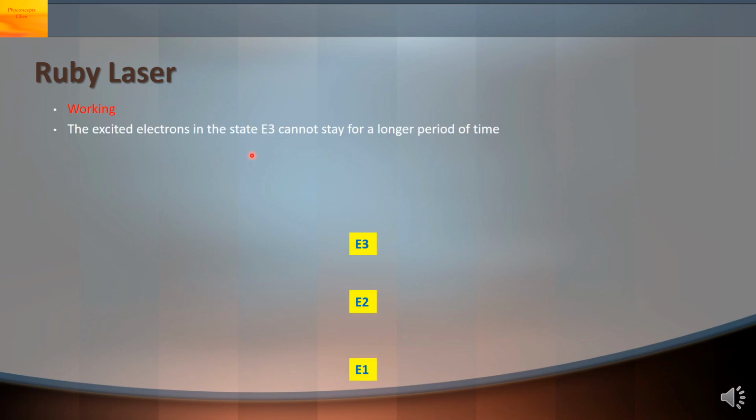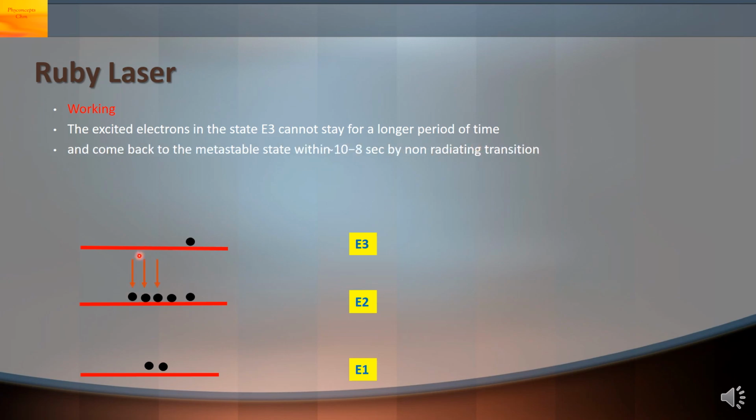The excited electrons in the state E3, as it is an excited state, cannot stay there for a longer period of time, and hence they will come back to the metastable state E2 within a time of 10 raised to minus 8 seconds.